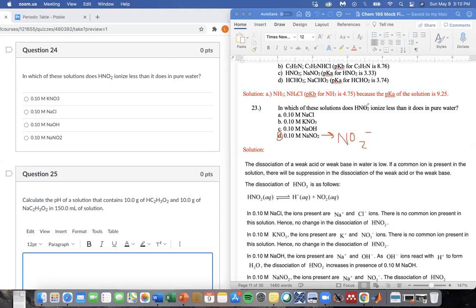There's going to be a common ion effect because HNO2 also produces NO2 minus. In order to reach its K, it should dissociate less since NO2 minus is already present in the solution. Because of that, it'll dissociate the least in NaNO2 compared to pure water.